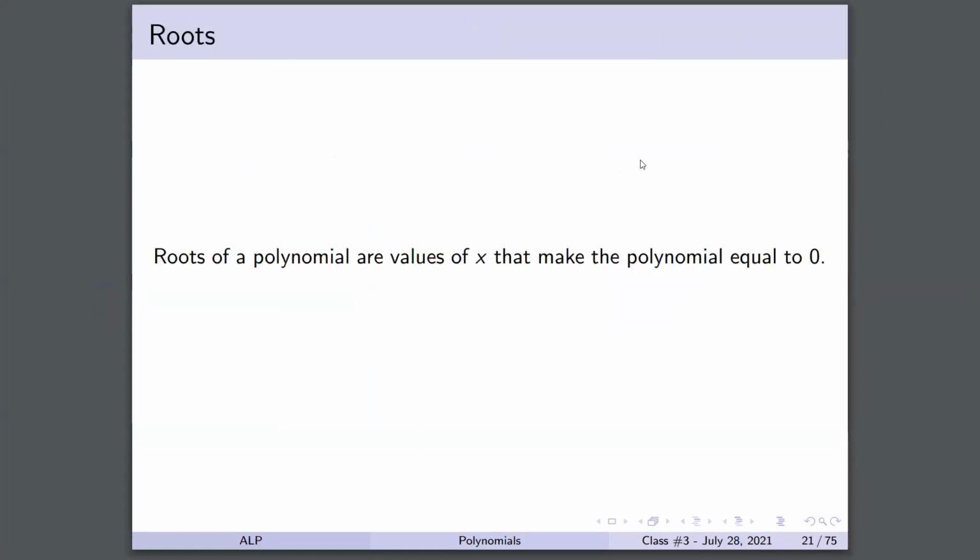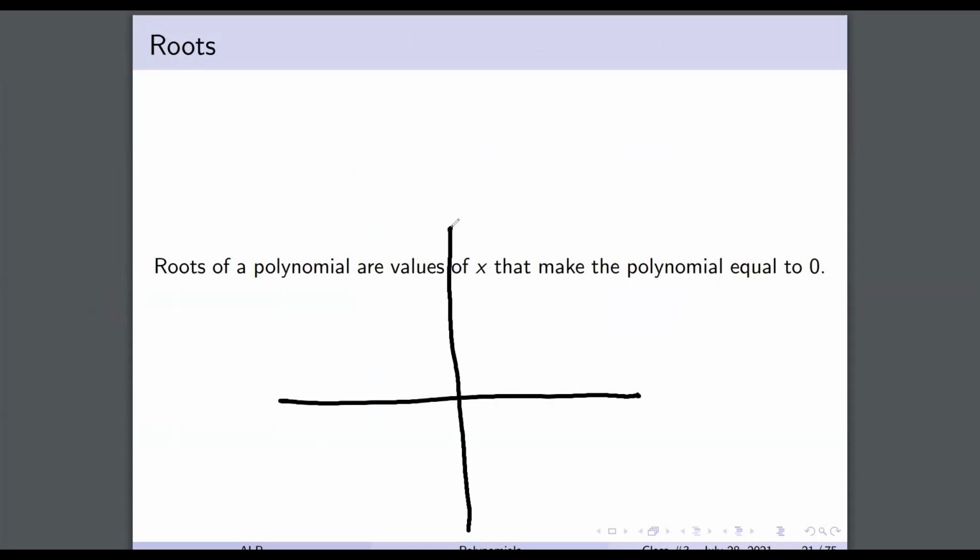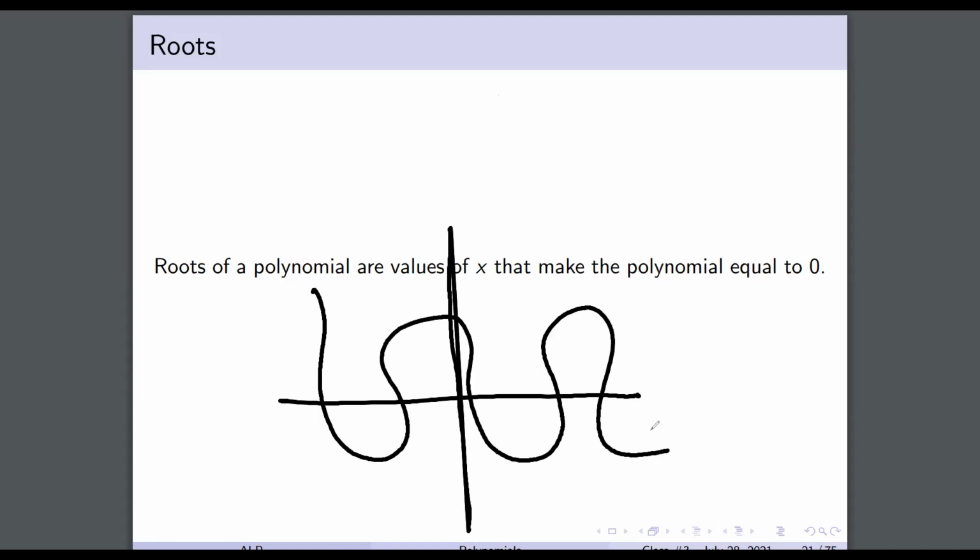We're here. So if we can graphically explain this, we have f of x equals like this, some wiggles. Roots are where it hits the x-axis.